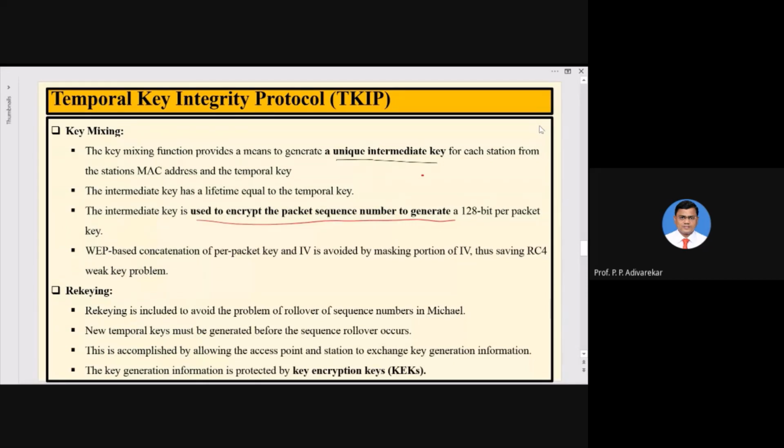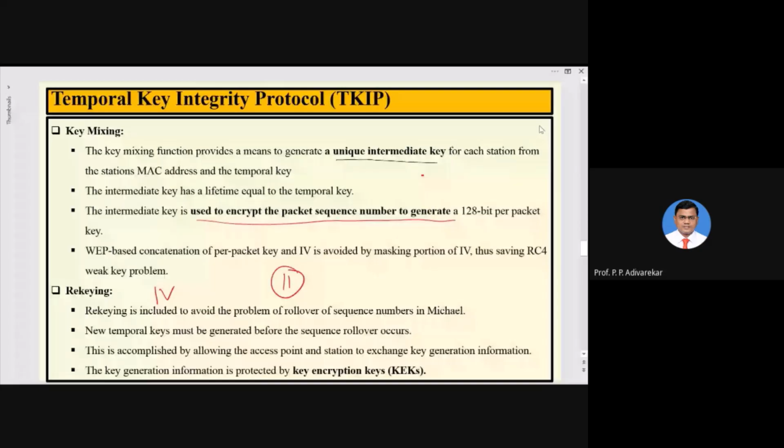Let's recall what happened in WEP. We saw the initialization vector and the shared key. These were concatenated and given to the pseudorandom number generator. But now the IV is associated with the sequence number.